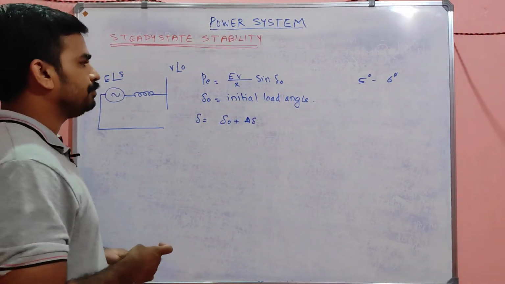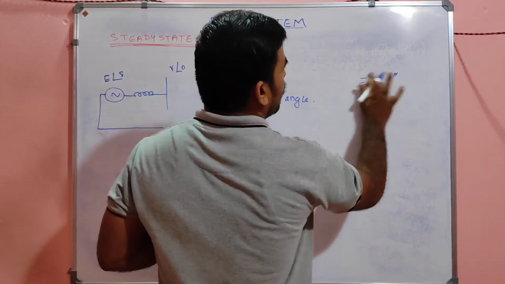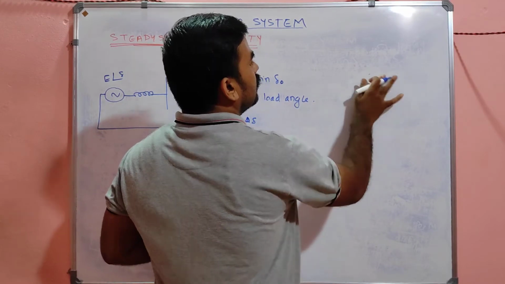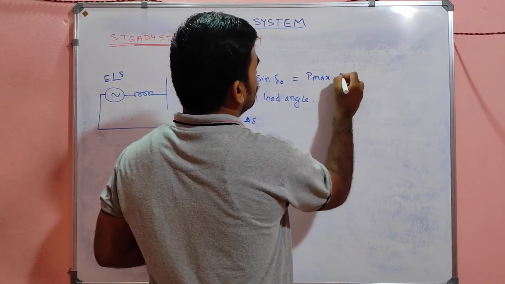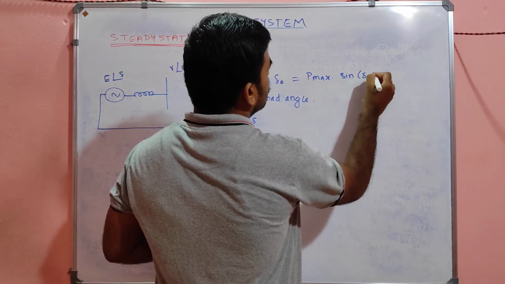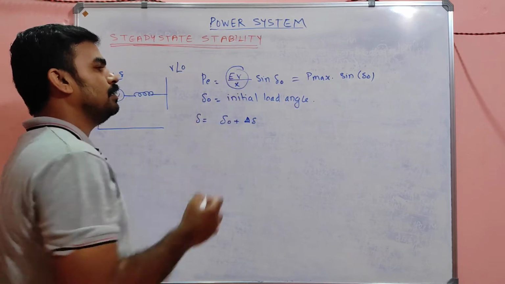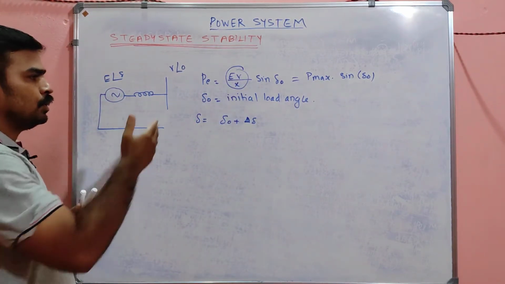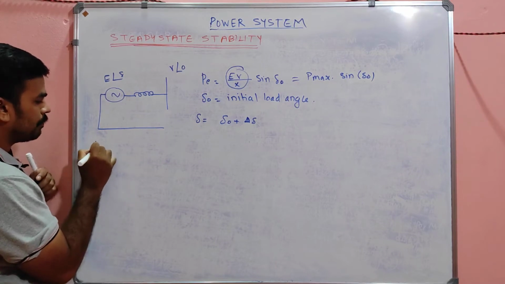So what will be the power equation? It can be written as P equal to P max into sin del 0, where P max is nothing but EV divided by XS.